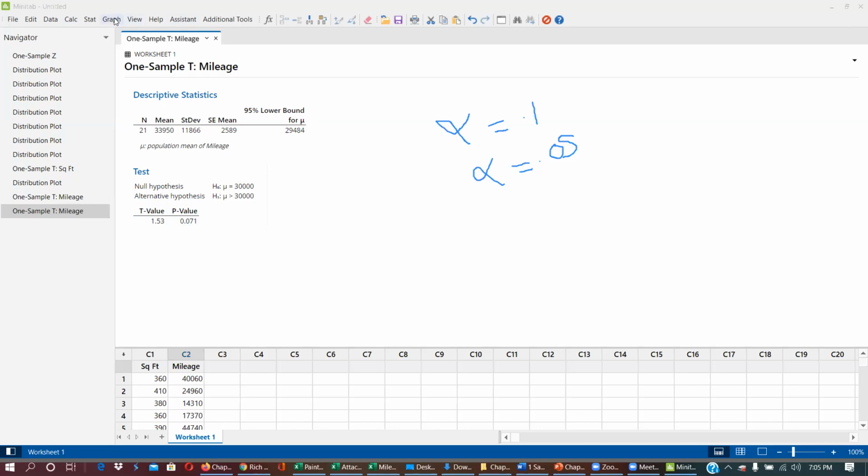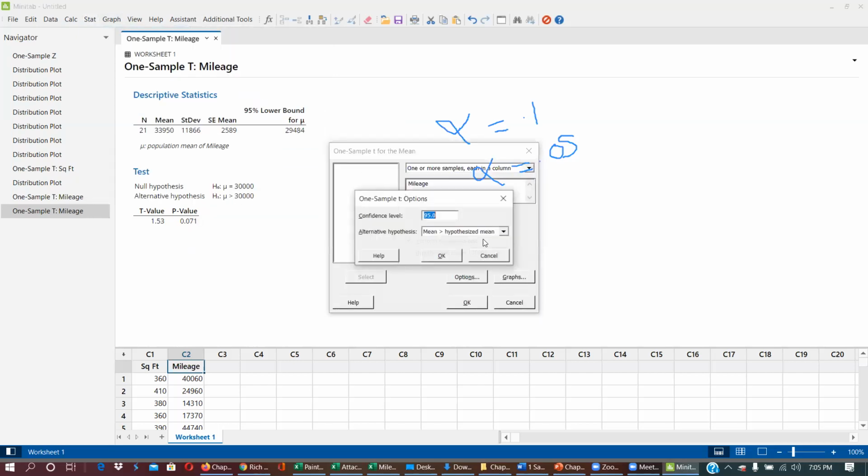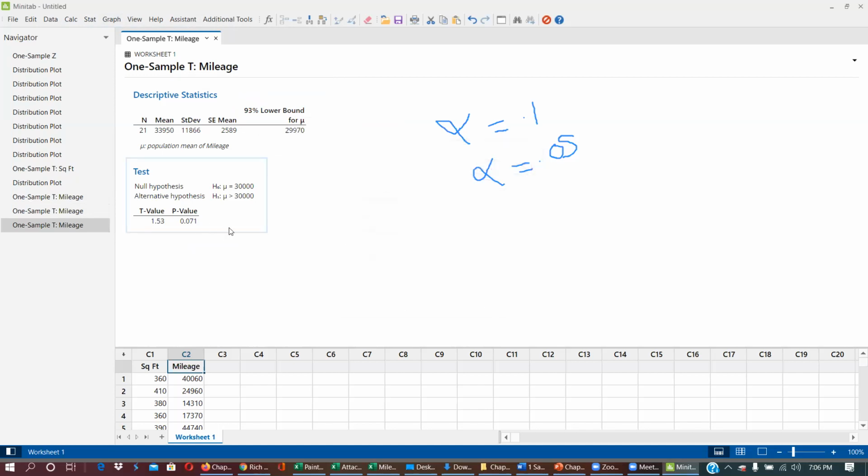Suppose I do it again with 93%. Even in this case, it is accepted. Basically, it is getting accepted at 93%, but it is not accepted at 90%. So this could be a reason of wrong selection. The hypothesis is correct, but because of the alpha level, it is getting rejected. This is called type 1 error.